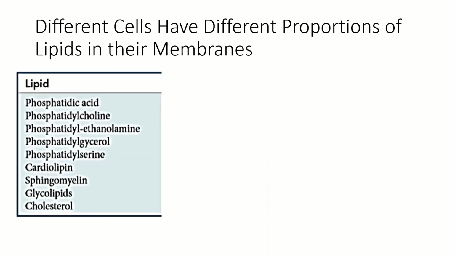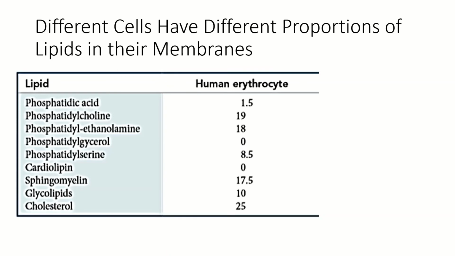In fact, here's an example. In the human erythrocyte, we can see that the most abundant type of lipid is phosphatidylcholine. And in the human erythrocyte or red blood cell, there is an absence of phosphatidylglycerol, for example.